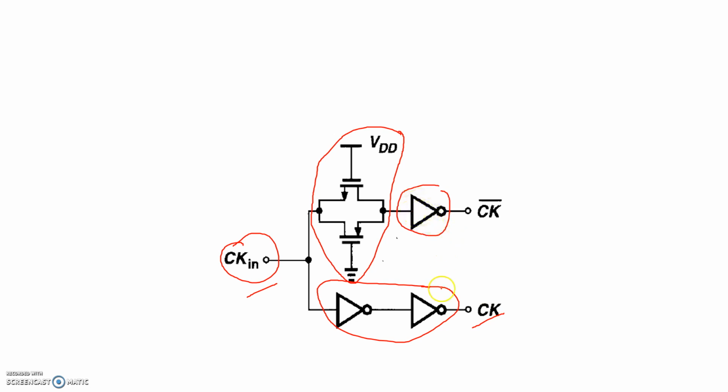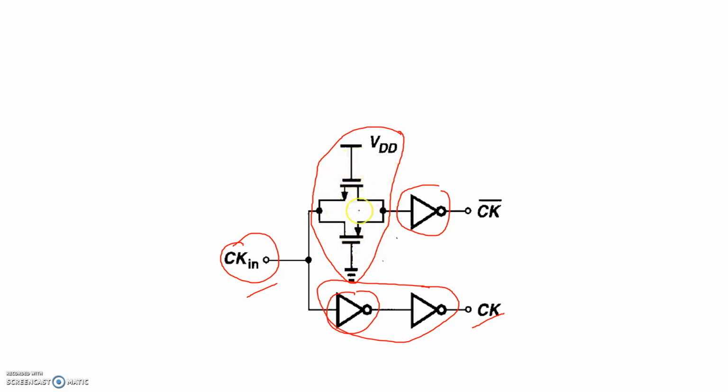Because this inverter delay can be compensated by this particular inverter, and this particular inverter delay can be nearly compensated by this TG logic, because the TG logic also has its own delay.